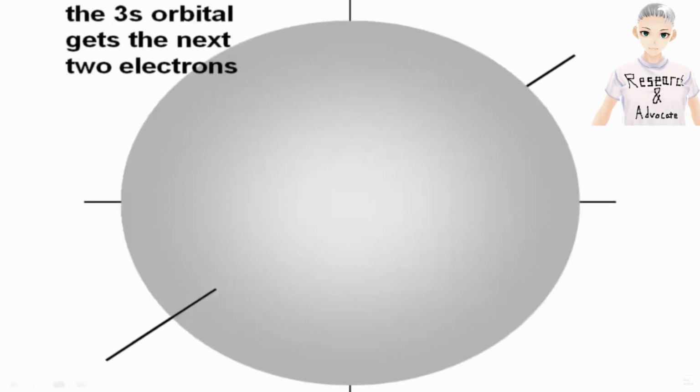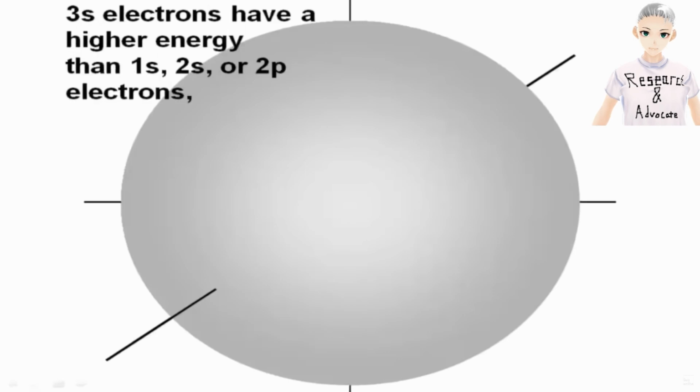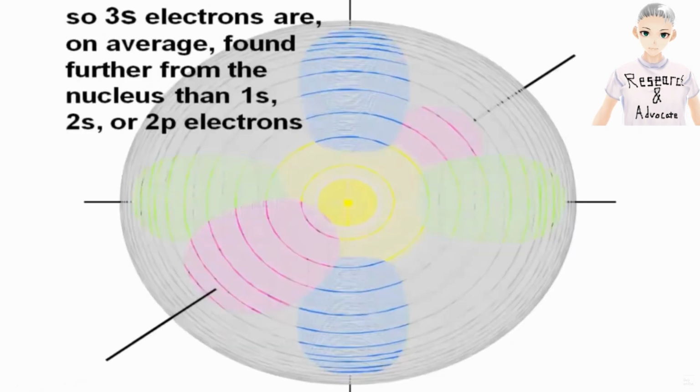So 3s has electrons that have higher energy than any of those other orbitals we looked at, and therefore the electron on average is further from the nucleus than the others, and it is larger than 1s, 2s, or 2p orbitals and surrounds them. So we can see the other orbitals still exist inside the 3s orbital, and the 3s orbital with sodium is now able to start getting electrons.